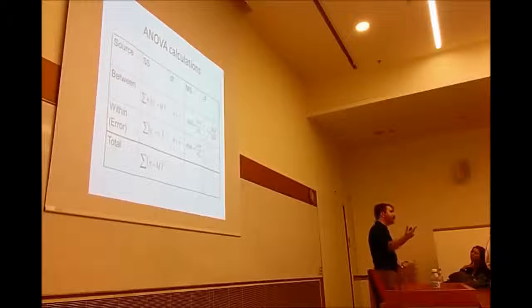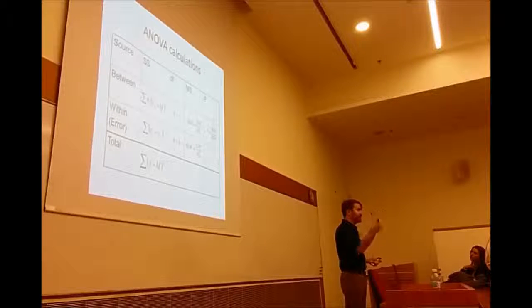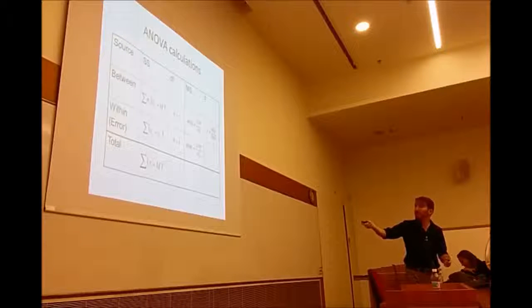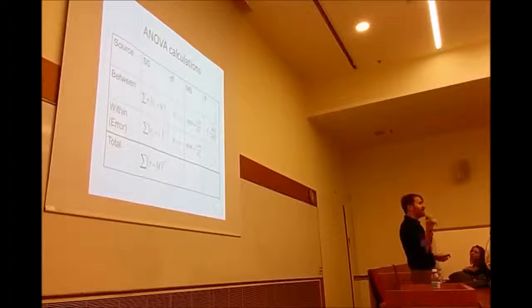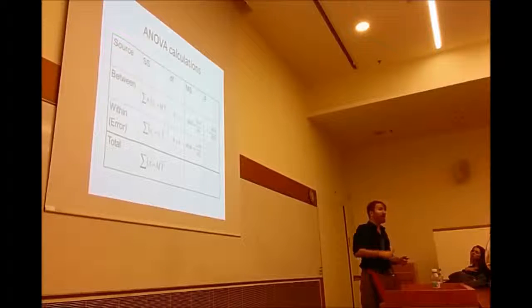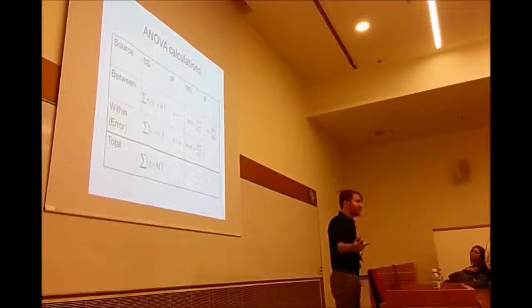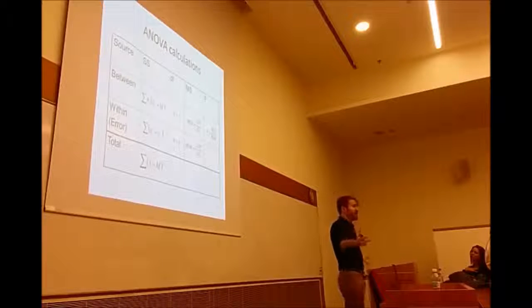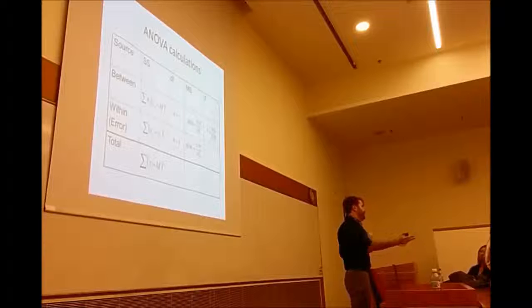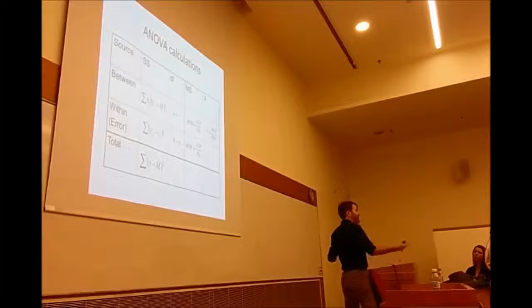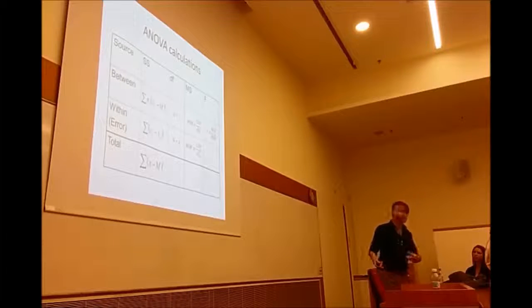We have 3 groups, so k minus 1 equals 2. Degrees of freedom within is n minus k, where n is the number of participants in the entire sample. We had 3 participants in each group, so 9 participants overall. So 9 minus 3.